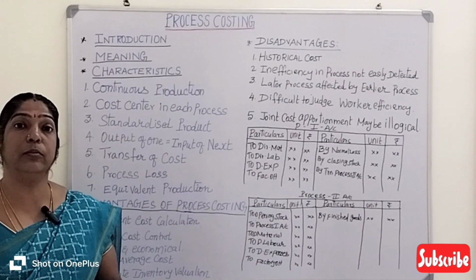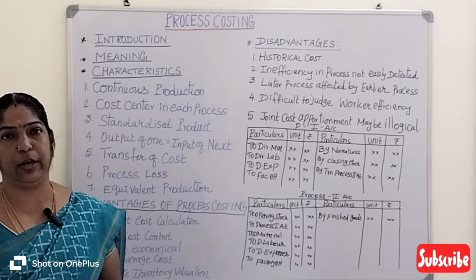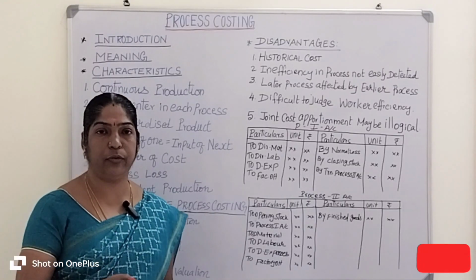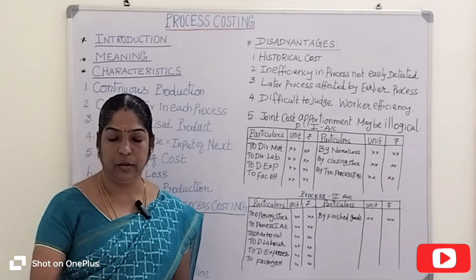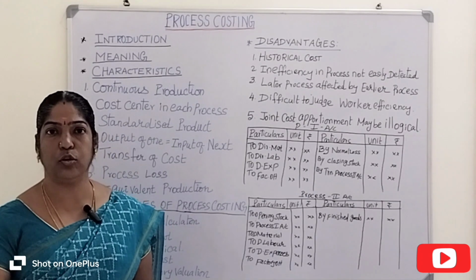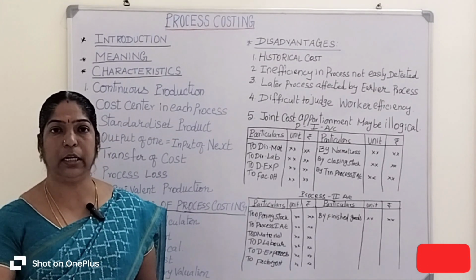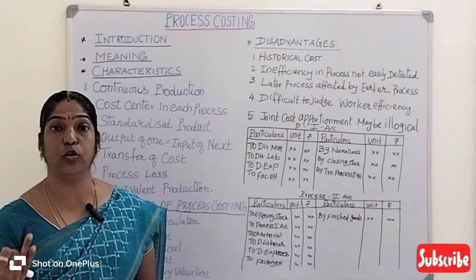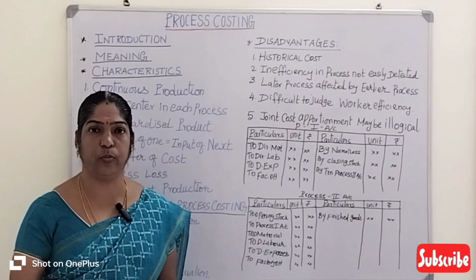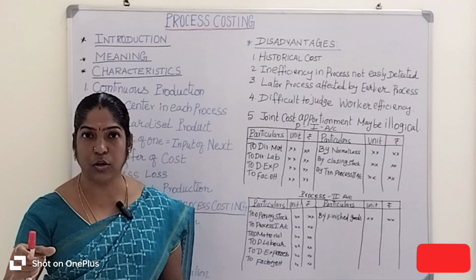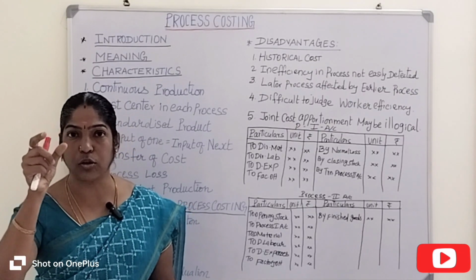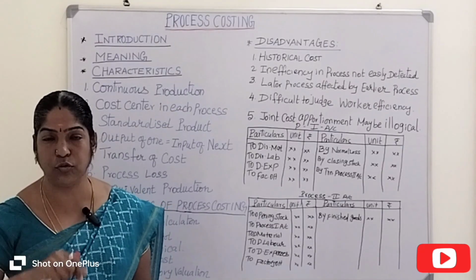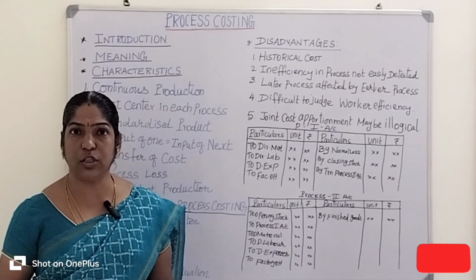If you have a soap manufacturing company, here in the first process the raw material cost is 5,000 rupees, direct wages 3,000 rupees and direct expenses 2,000 rupees. What is the total cost of the first process? The total cost of the first process is 10,000 rupees. What is the output?